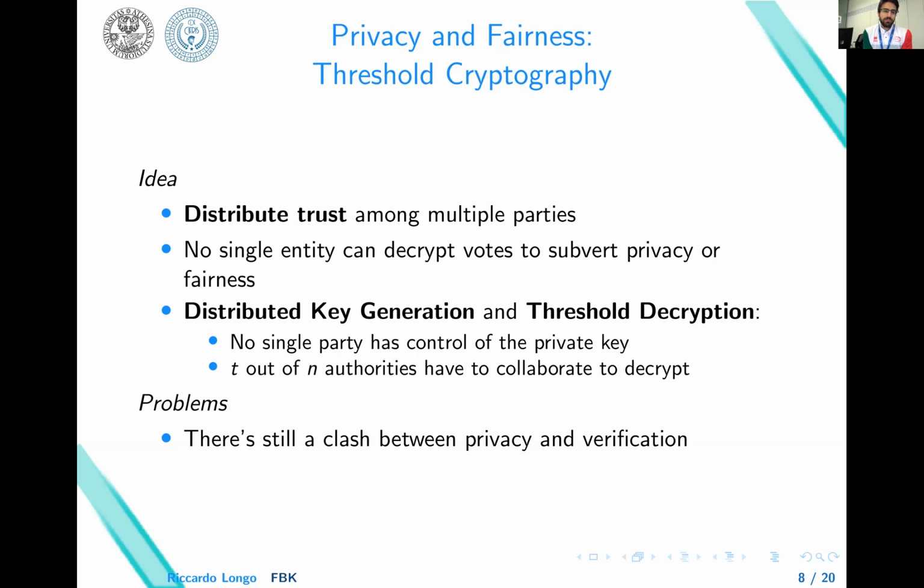Of course, we have not solved the clash between privacy and verification, because for verifiability, we still have to decrypt and publish the results. But we have at least made a step toward something more practical.